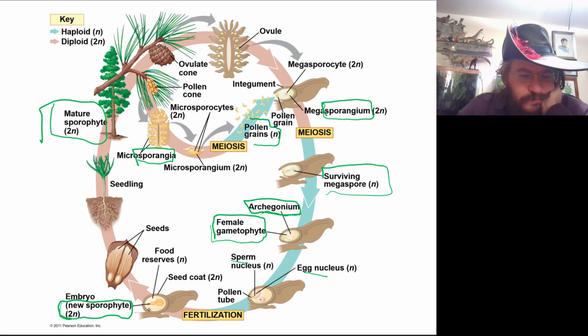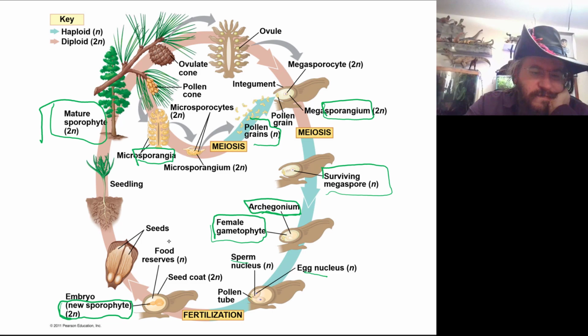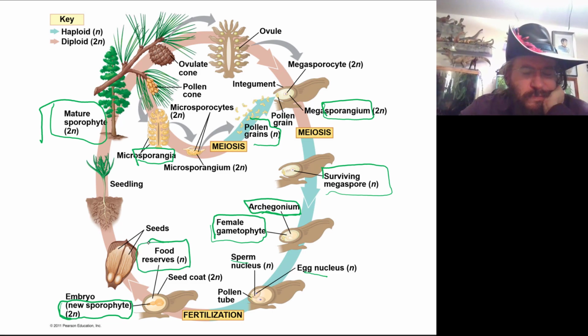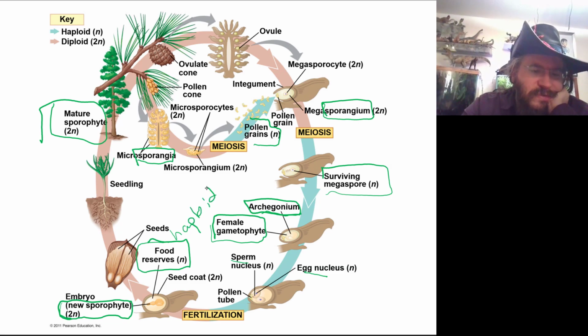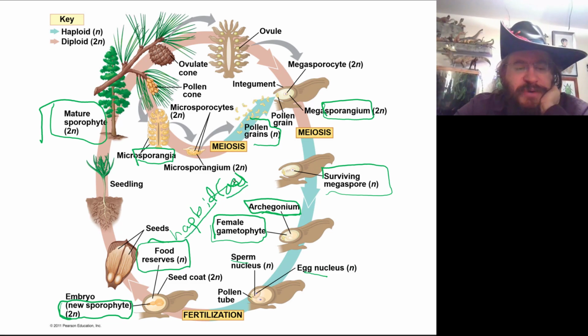So, worth noting, food reserves are derived from the gametophyte, right? And so they are haploid food. I'm emphasizing this in gymnosperms because it's different in angiosperms. So this is going to be one of our differences here.